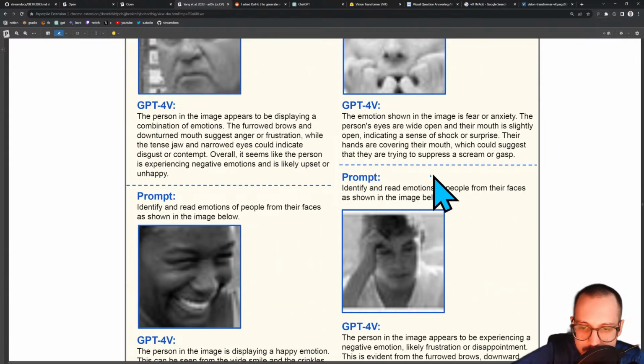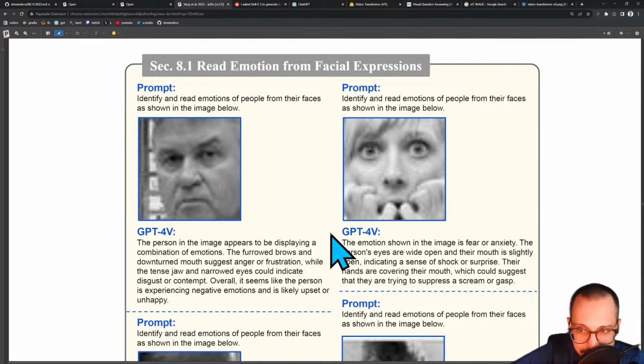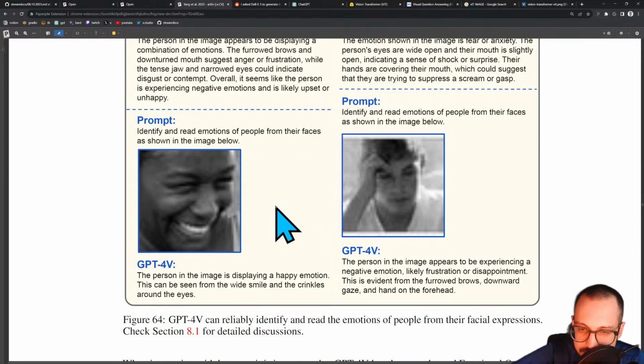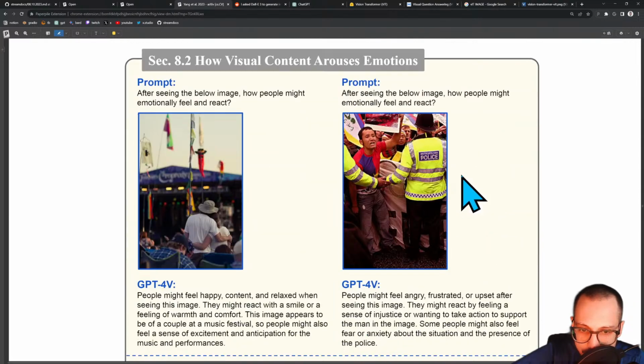Emotional. Oh shit, it can recognize emotions. Probably better than a lot of humans, you know, because I feel like a lot of humans are autistic now. They can't even tell emotions. Furrowed brows, anger or frustration, disgust or contempt. GPT-4 knows your true emotional state.